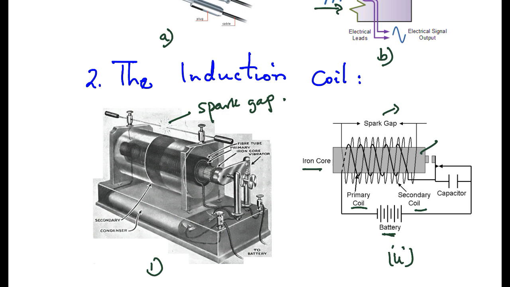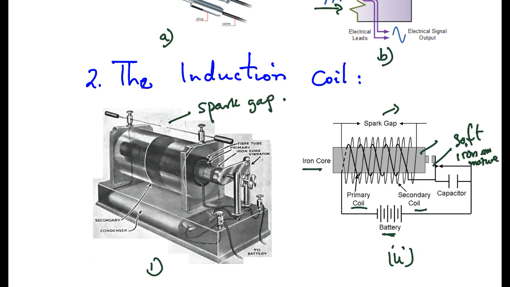So when the switch is closed, magnetization of the soft iron occurs, and therefore the soft iron armature is attracted. So we have the soft iron armature here. It is attracted.